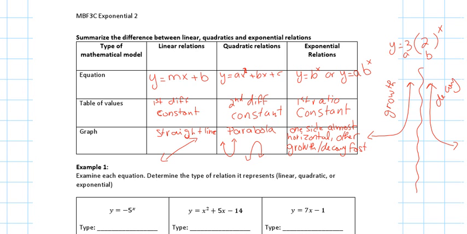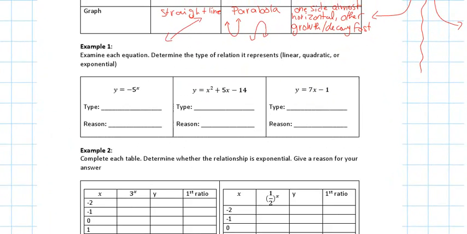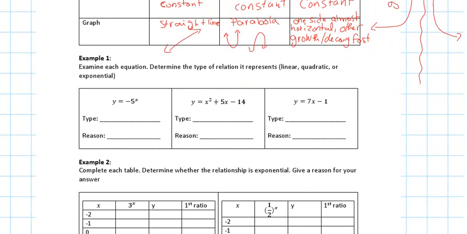Okay, so let's look at the equations. Examine each equation and determine the type of relation it represents: linear, quadratic, or exponential. If you look at the first one, it's negative 5 to the power of x. What kind of function is this? Exponential, and the reason for it? The variable is what?